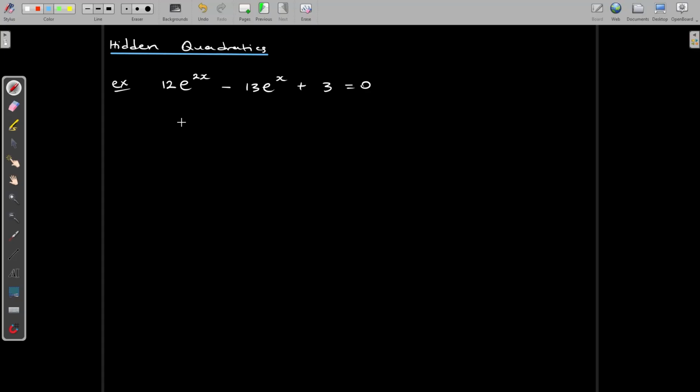We substitute. Do you substitute the e for something? Yes, that's what we'll have to do. So let e to the x be equal to y. So what would be our quadratic equation in terms of y?